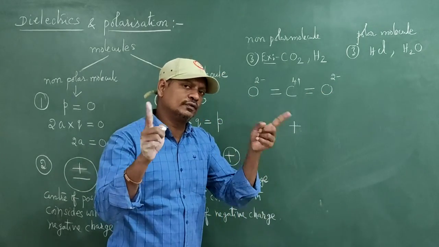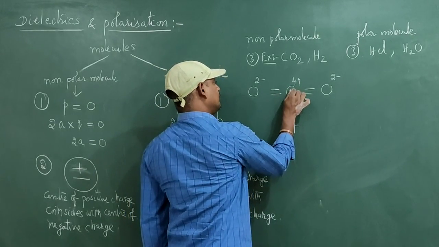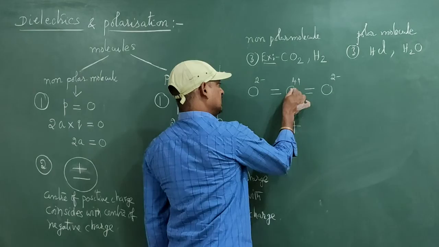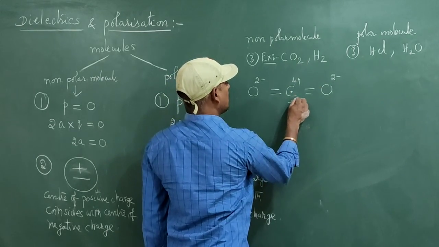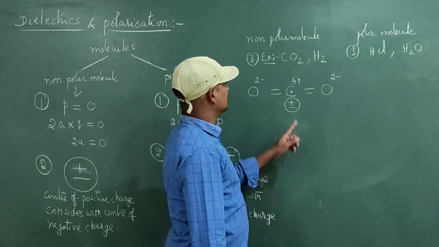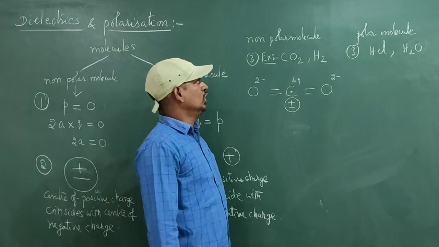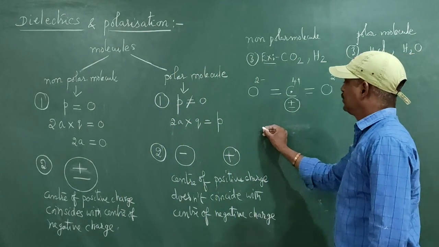Where is the center of those two negative charges? Here only. The center of the positive charge is here, the center of the negative charge is also there. That means both of them are coinciding. If both of them are coinciding, it is what type of molecule? Non-polar molecule.